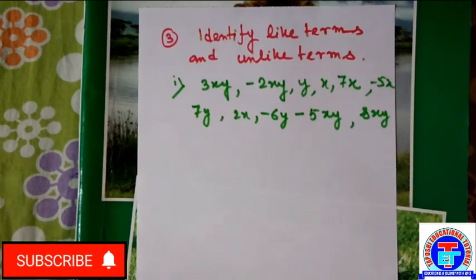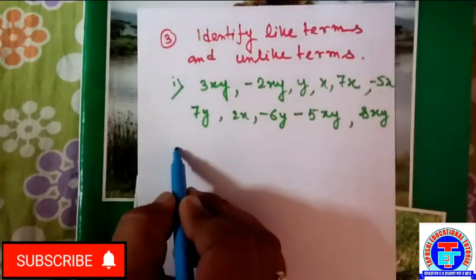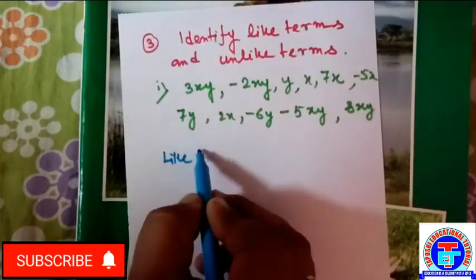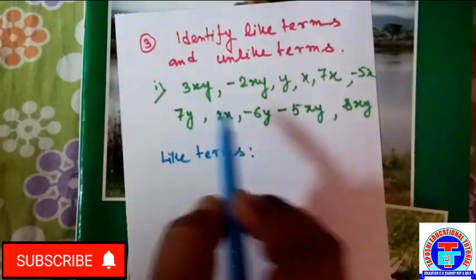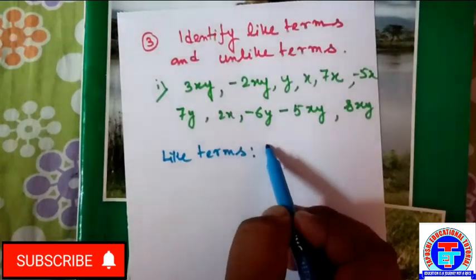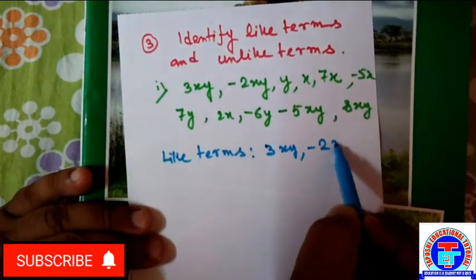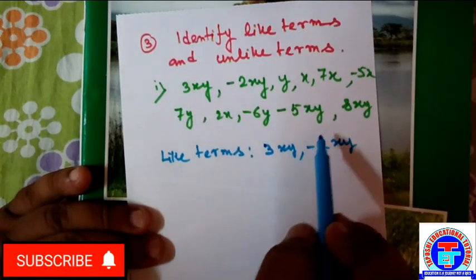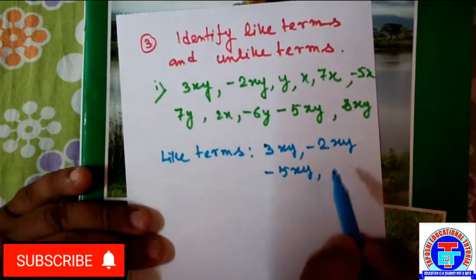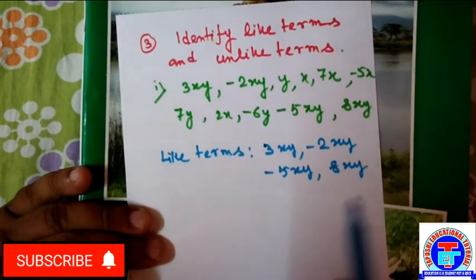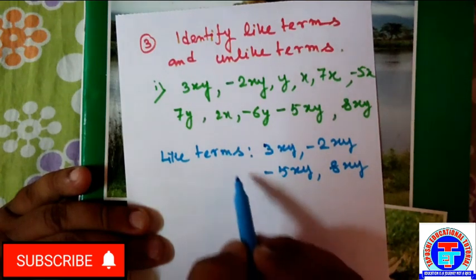Now find the like terms. Here 3xy, minus 2xy, right? And minus 5xy and 8xy. All these are like terms, right?